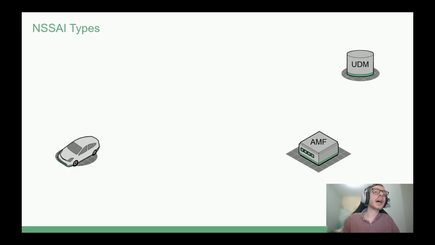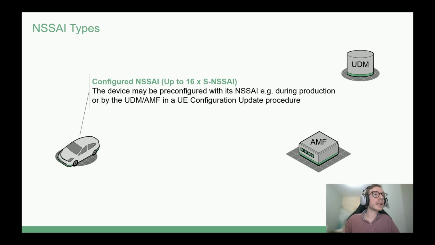Now, there are different types of NSSAIs. We have a configured NSSAI, and that's up to 16 S-NSSAIs, which are stored on the device. So this could be pre-configured when the device has been built, or it can be passed down by the 5G system in a UE configuration update procedure to notify them you are allowed to access these specific network slices.